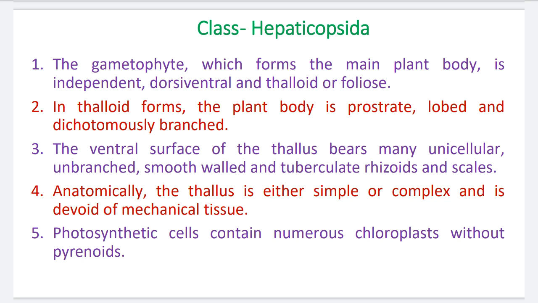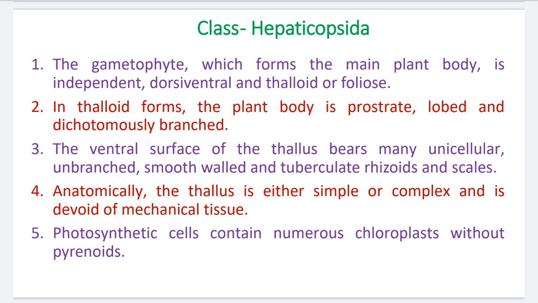When you take the transverse section of the thallus, we can find the internal structure where photosynthetic cells are there, storage cells are there. As per the classes, Hepaticopsida, Anthoceratopsida and Bryopsida, there are some changes. But here in Hepaticopsida, photosynthetic cells are many.